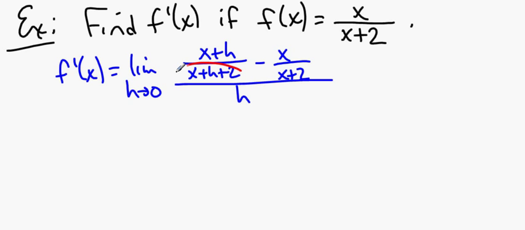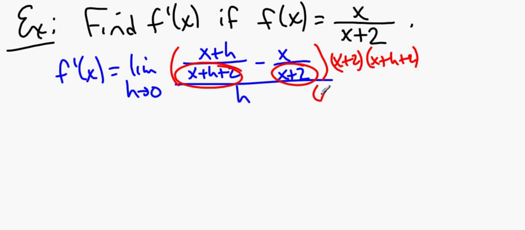Well, I'm looking for a common denominator for these two denominators. And the common denominator for those two denominators appears to be their product. So what happens?